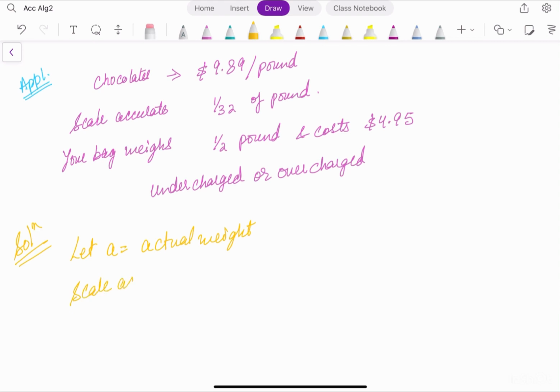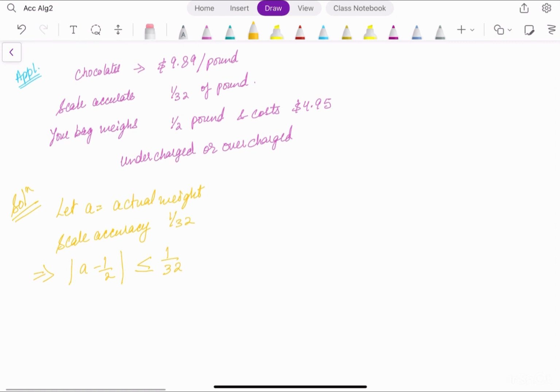It cannot weigh more than, it can be 1/32 more or less than 1/32. So I can write it as an inequality. A, the actual weight, minus 1/2 is less than or equal to 1/32. Again, we can make a positive case and a negative case because it involves an inequality.